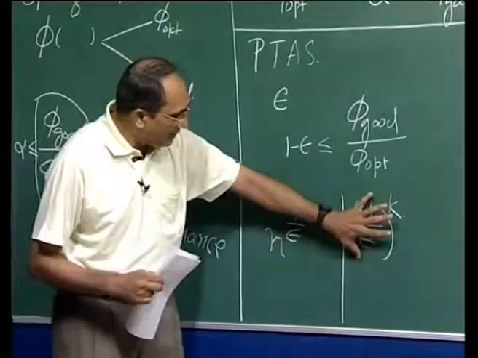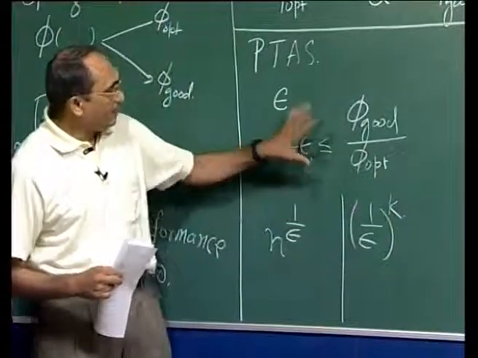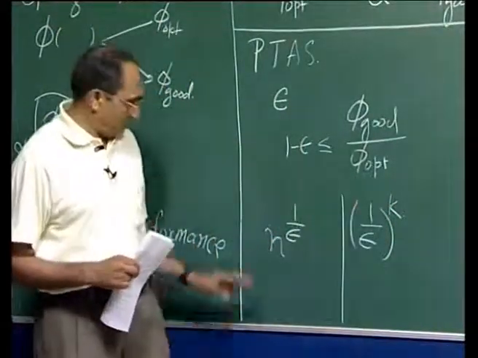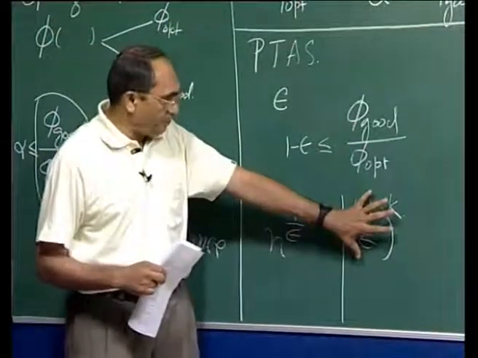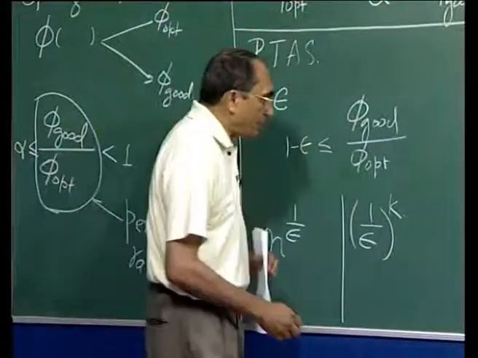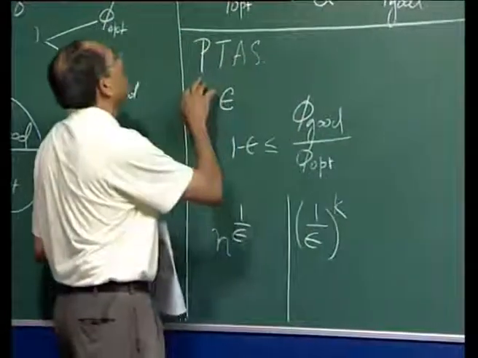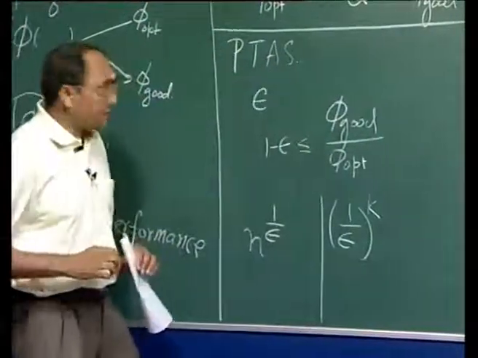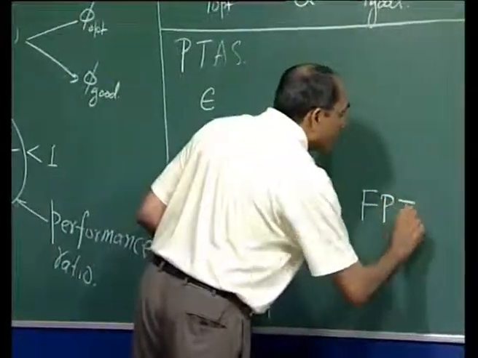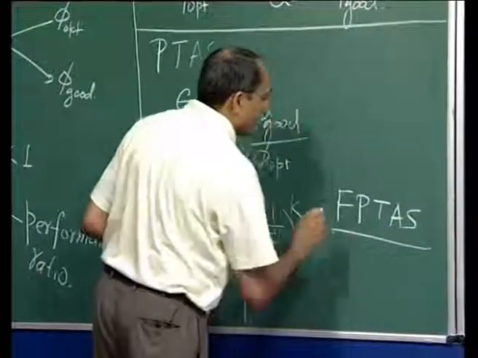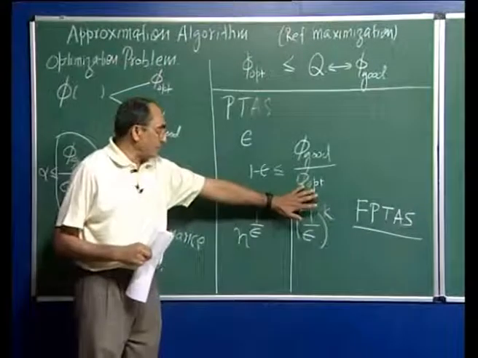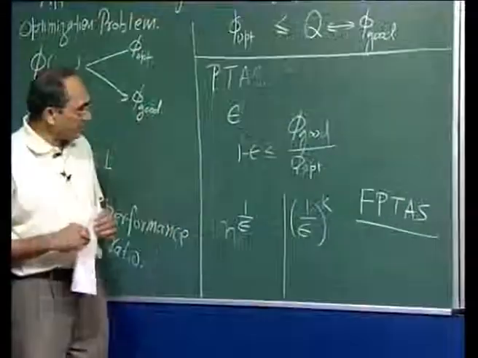If we can guarantee that my time complexity for this is a polynomial of this, then we call it a fully polynomial time approximation scheme, or FPTAS. We will have one example of this as well in the following lectures.